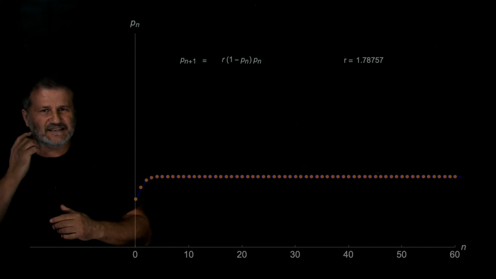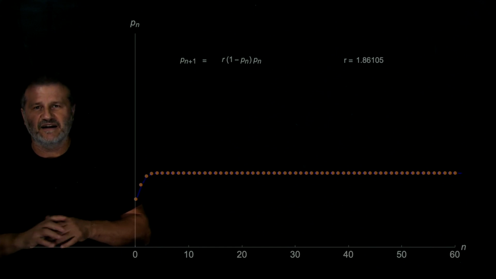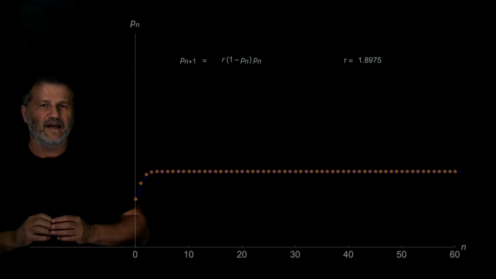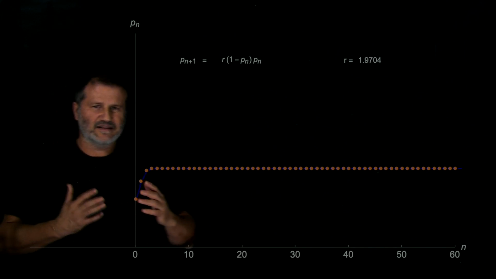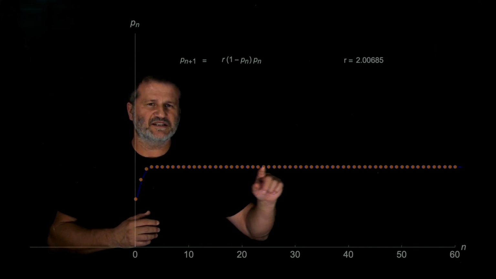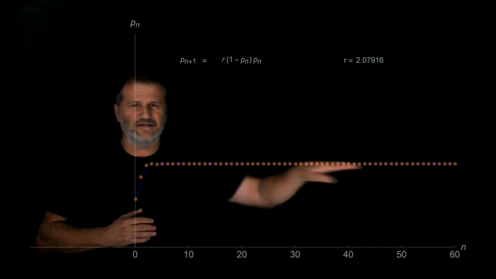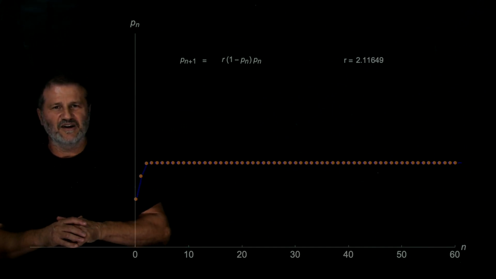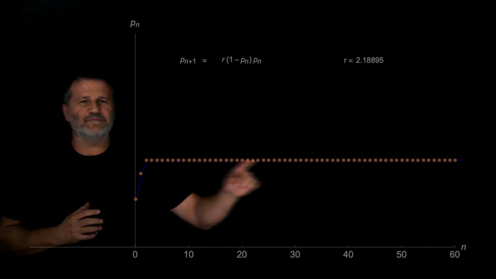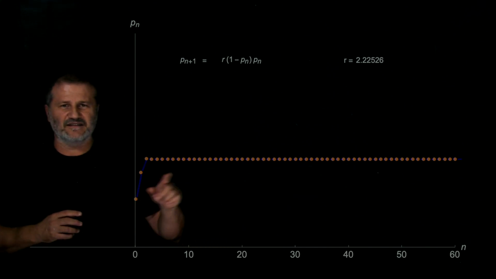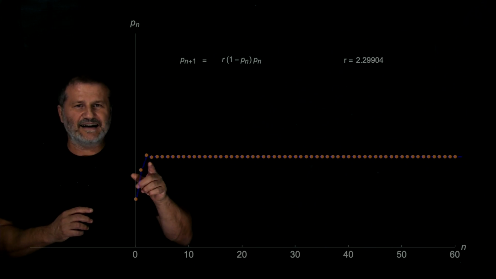This is more or less what happens until we reach with r the value 2. Above 2, long-time behavior does not change too much. So we still see a long-time constant value for the population. What changes is how we obtain this long-time behavior. This will become more and more clear.